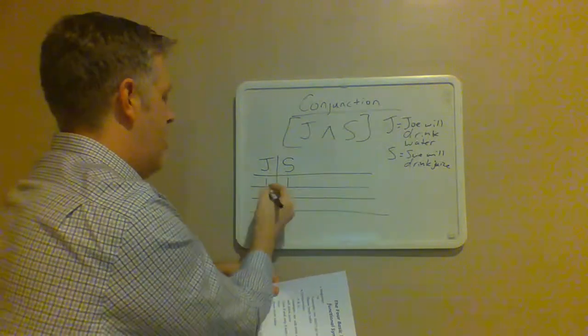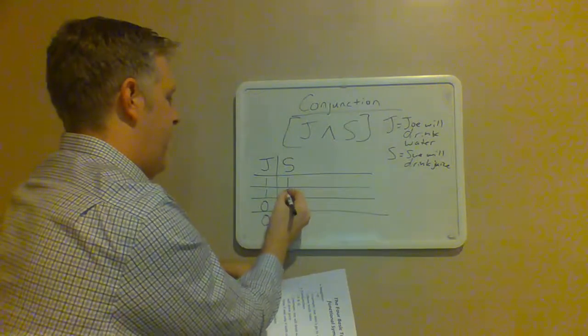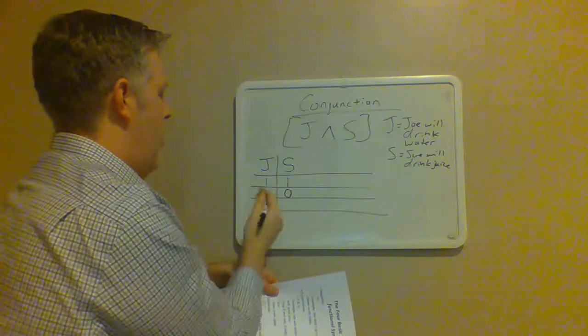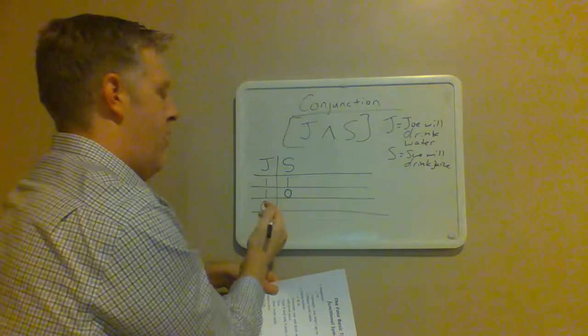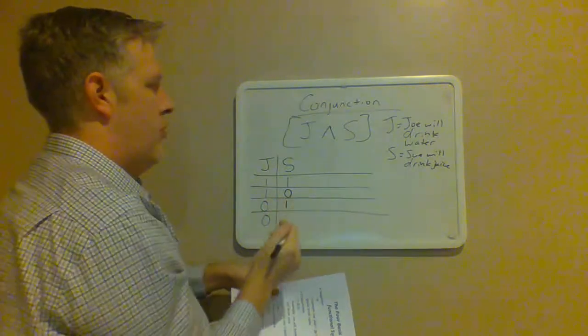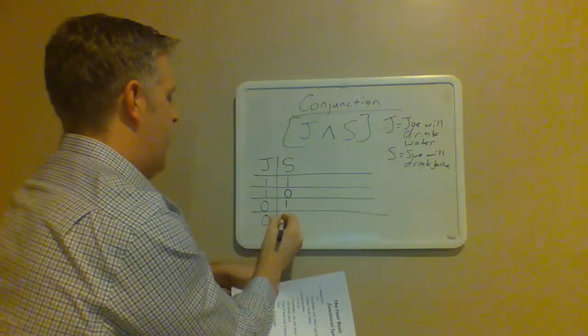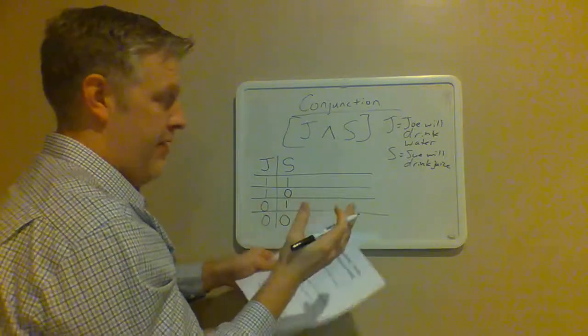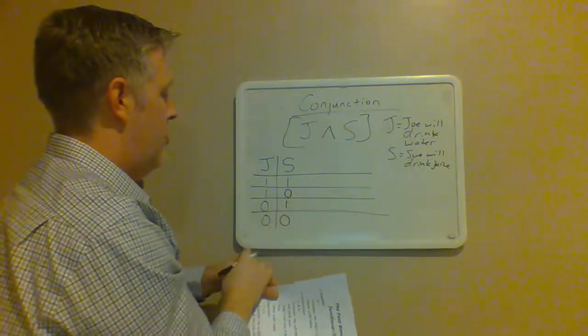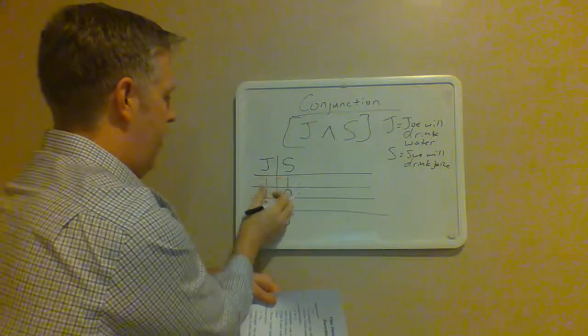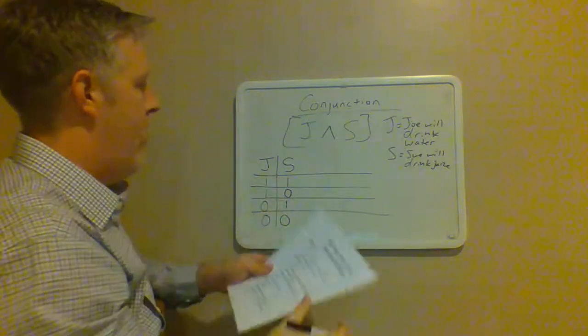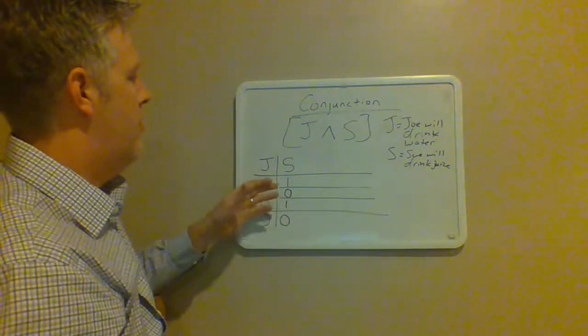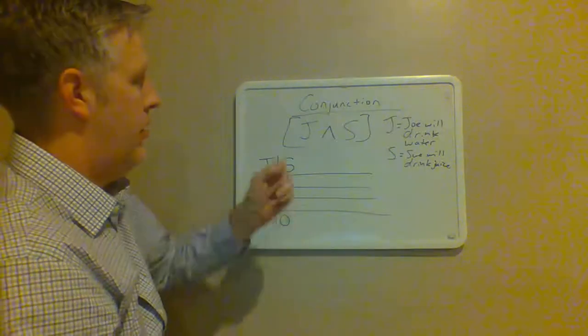Or Joe will drink water, but it's false that Sue will drink juice. Or it's false that Joe will drink water, but true that Sue will drink juice. Or both are false: Joe will drink water is false, and so is Sue will drink juice. So we've represented every possible combination of truth values for those more basic parts.